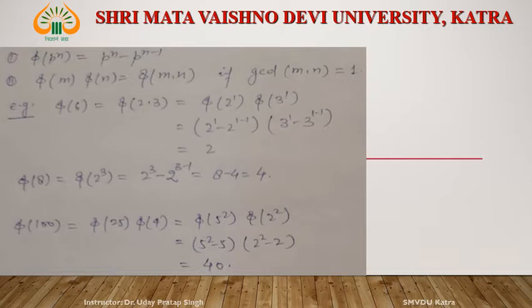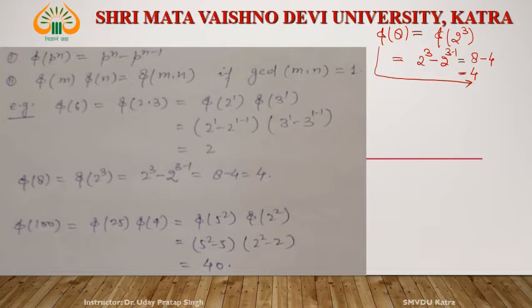Now, what is phi of p to the power n? Suppose we have to evaluate phi of 8. What is phi of 8? Phi of 2 to the power 3. What is phi of 2 to the power 3? That is 2 to the power 3 minus 2 to the power 3 minus 1. That is 8 minus 4. That is 4. Right? Then phi of 8 is equal to 4.